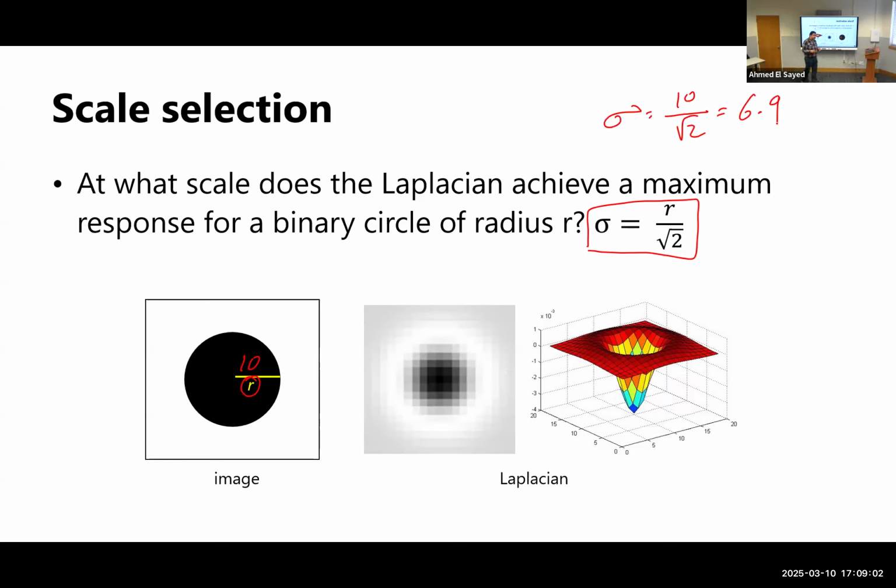Now, what is the size of the filter that should have sigma equal 6.9? Nothing? Okay, tertiary, because we will have it in a minute.